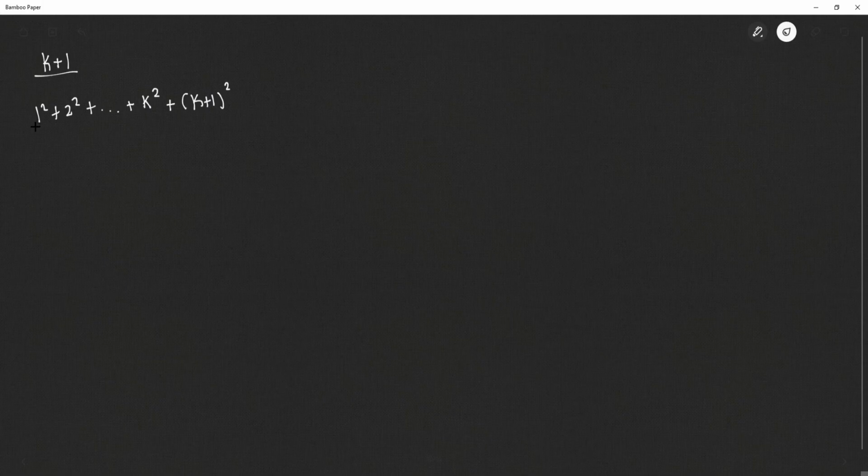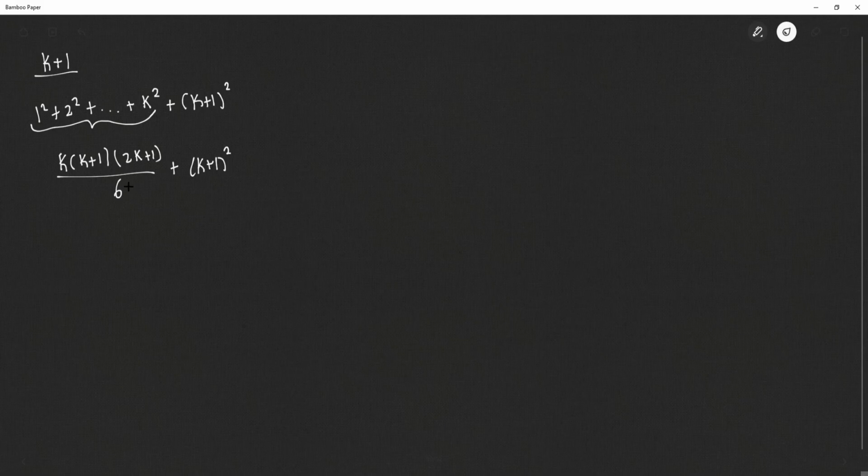But we already know from our assumption what 1 squared all the way up to k squared is. This is going to be k times k plus 1 times 2k plus 1 all divided by 6, plus now our missing part, which is our k plus 1 squared.